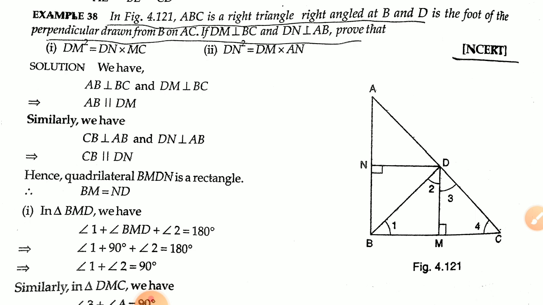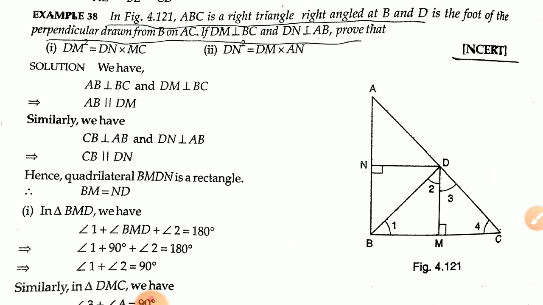So here observe the figure carefully. In the example it is given that in the figure ABC is a right triangle, right angled at B, and D is the foot of the perpendicular drawn from B on AC, means here BD is perpendicular to AC.